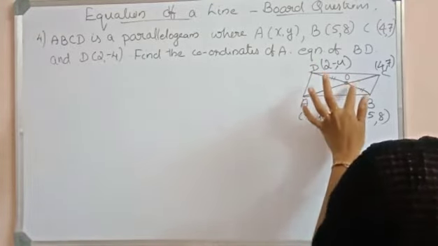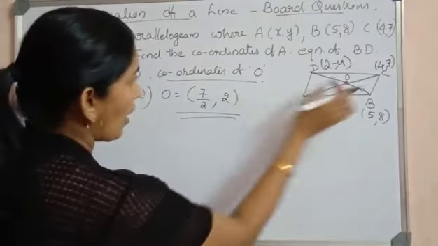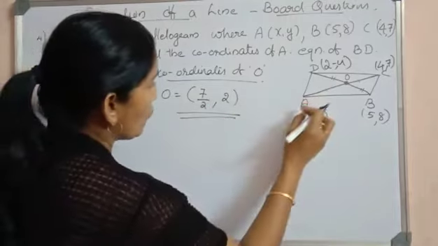O is equal to 5 plus 2 is 7 by 2, and 8 minus 4 is 4 by 2 is 2. This is the coordinate of O. By using this midpoint, we can find the coordinates of A.